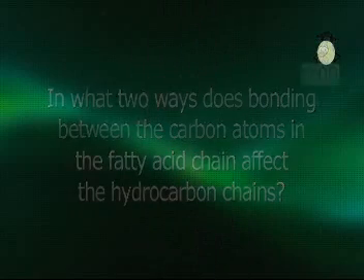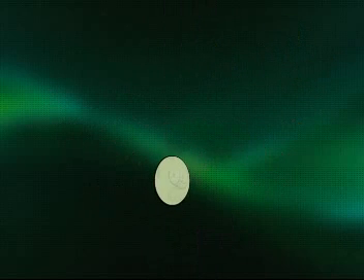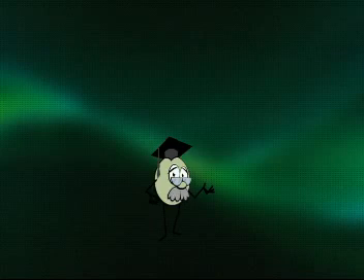Time's up. Let's get back to our lesson. Hello once again, class. The bonding between the carbon atoms in the fatty acid chain affects the hydrocarbon chains in the following ways.